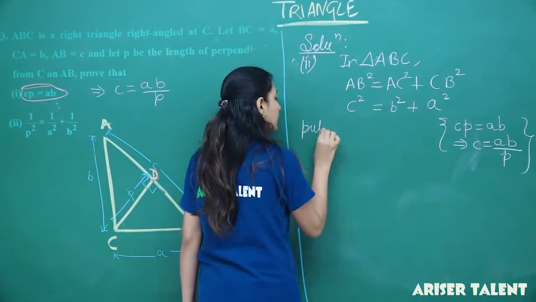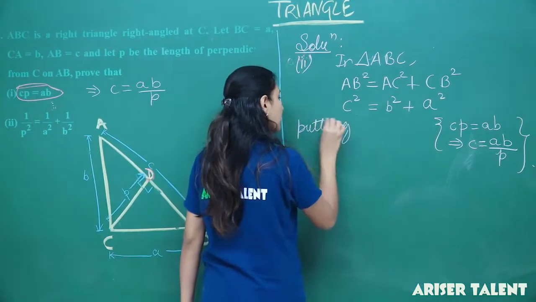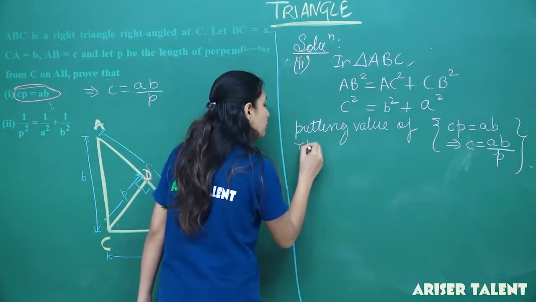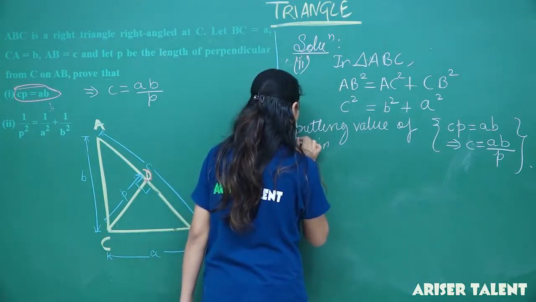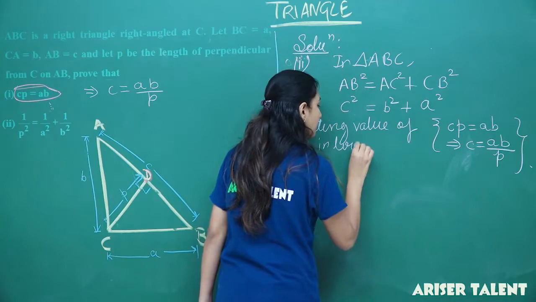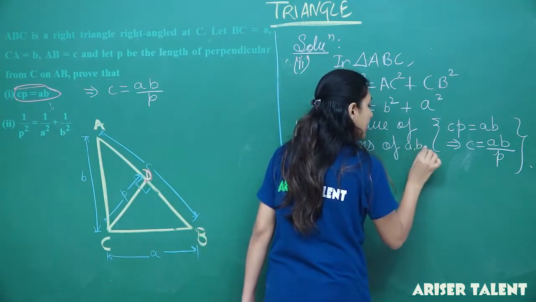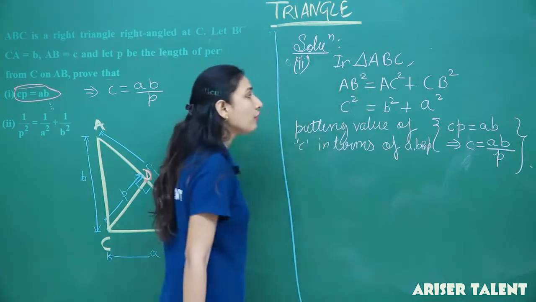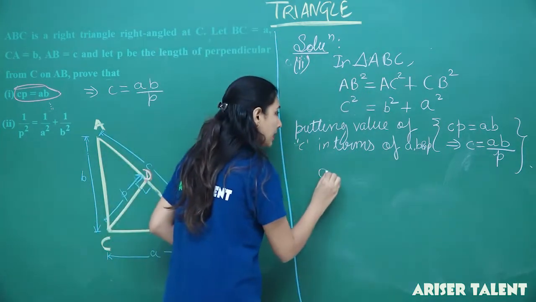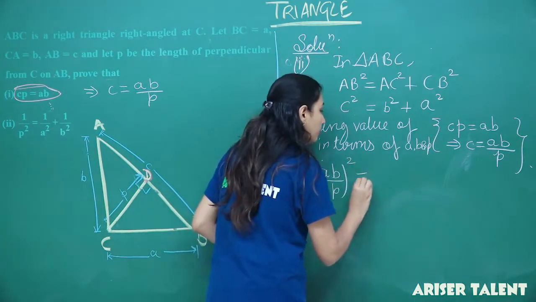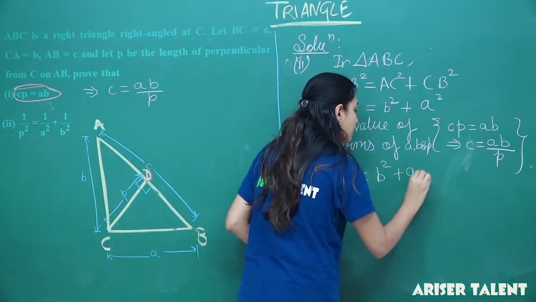Putting the value of C in terms of A, B and P, what we have is A B by P whole square equals B square plus A square.